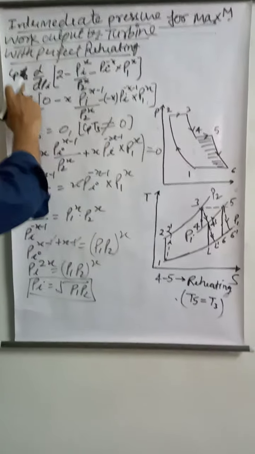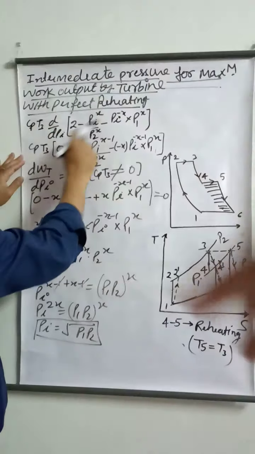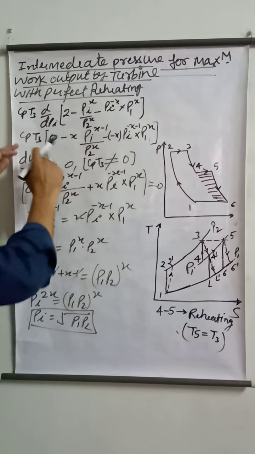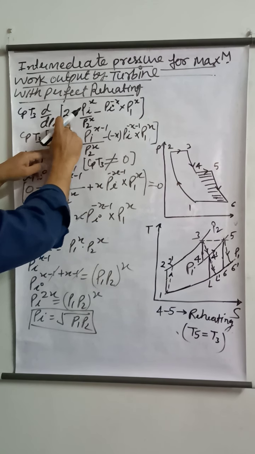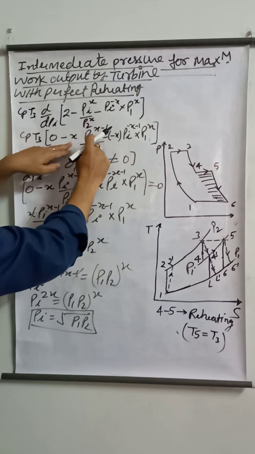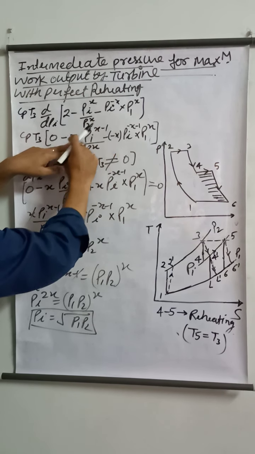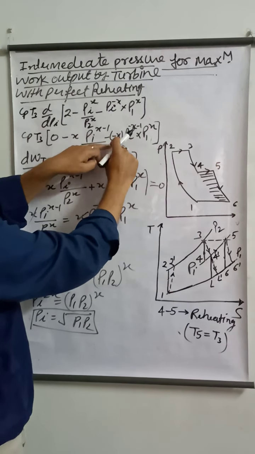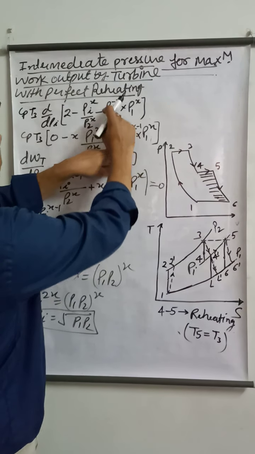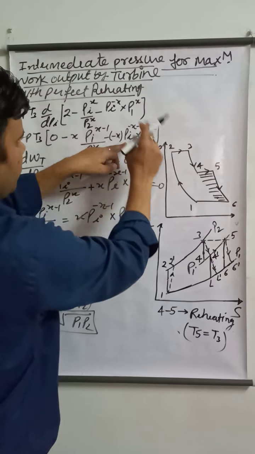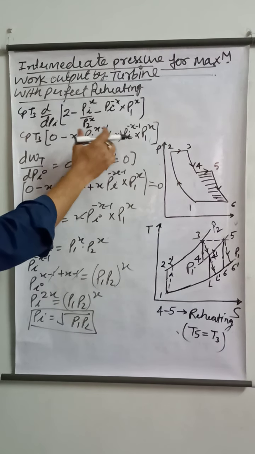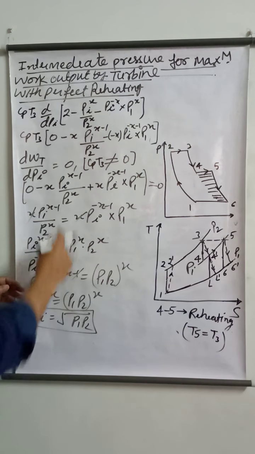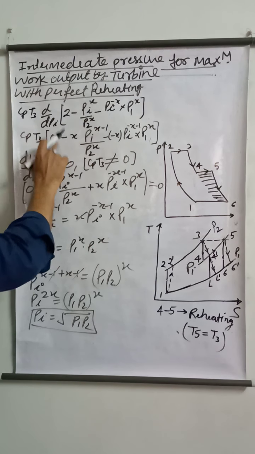So on differentiating Cp T3, this is now in the numerator. So Cp T3 times (0 minus x Pi power x minus 1 upon P2 power x minus x Pi power minus x minus 1 into P1 power x), because P1 and P2 are constant with respect to Pi. Also Cp and T3 are constant, right? 2 is a number, so its derivative is 0, right?